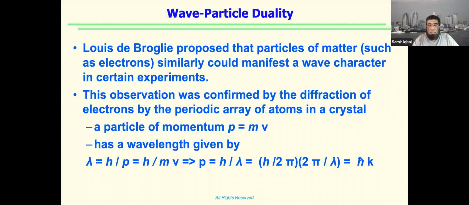Now, when you say wave particle duality, if you talk about wave, it has lambda, it has wavelength. This is what is shown here. A little bit of derivation, but what it does is it connects the wave property lambda equals h over p, where p is momentum, which is mv, mass times velocity.